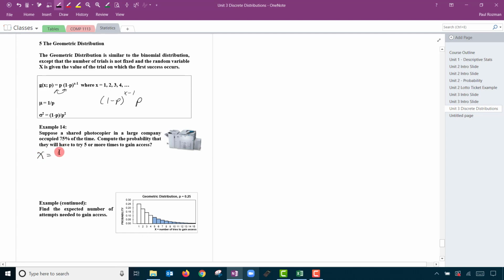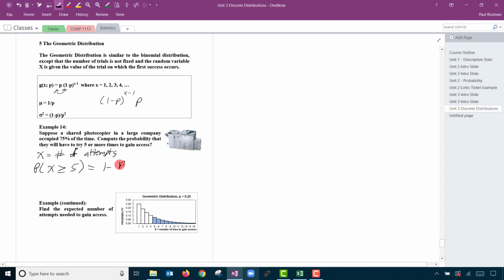Let's let our variable be number of attempts. So I want the probability of needing 5 or more attempts. Again, there's no upper limit to this, so this would be an infinite sum if we try to do it directly. Find the probability of 6 tries, 7 tries, 8 tries, 9 tries, and then sum that infinitely.